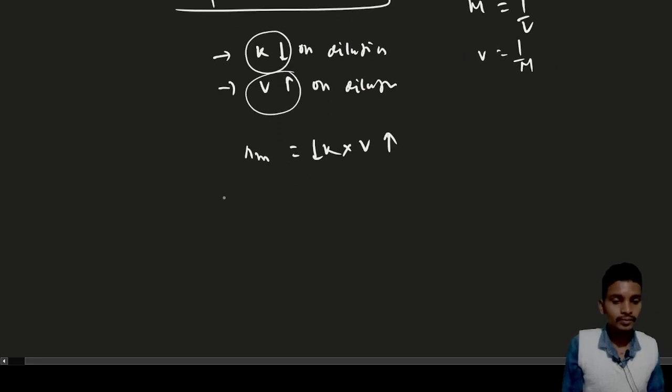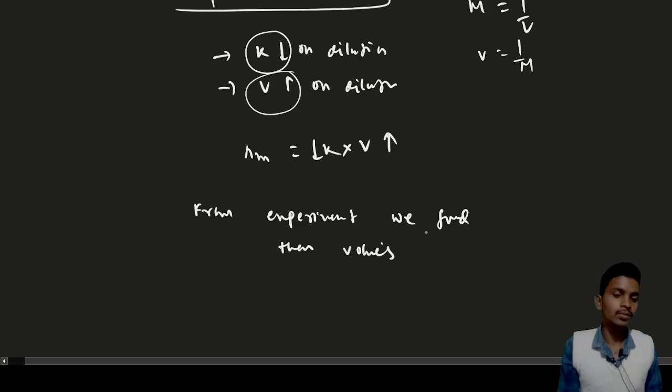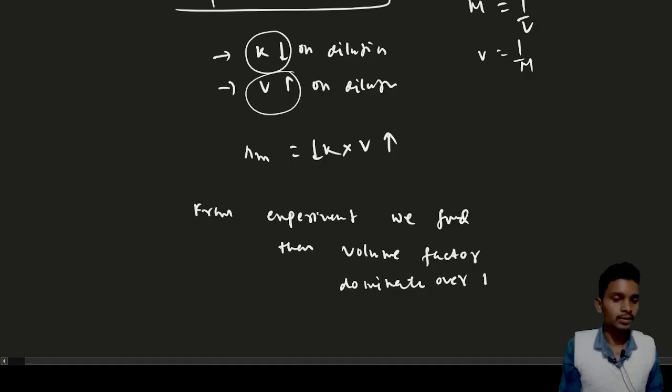Then how will you decide which factor is dominant? From experiment we find that the volume factor dominates over kappa.